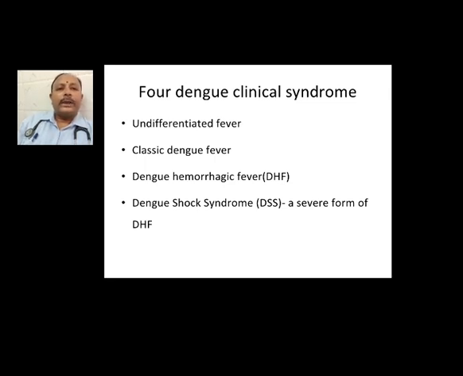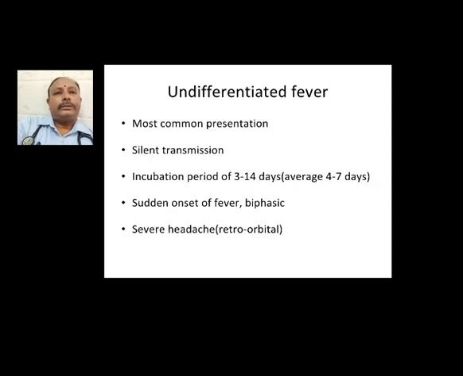And fourth one is DSS, that is dengue shock syndrome. This DSS is the most severe form of dengue fever. Most of the deaths occur in dengue shock syndrome.